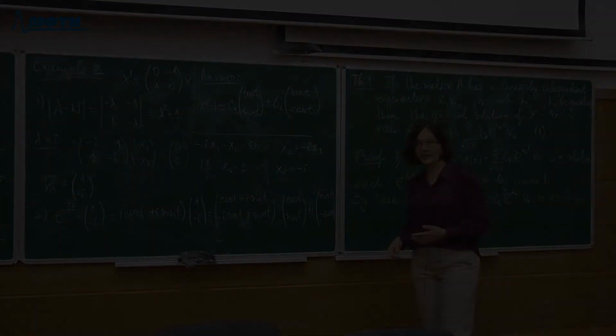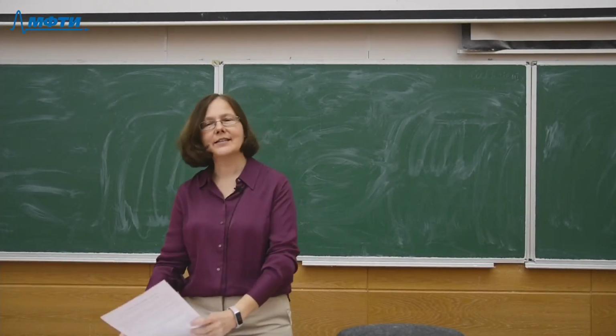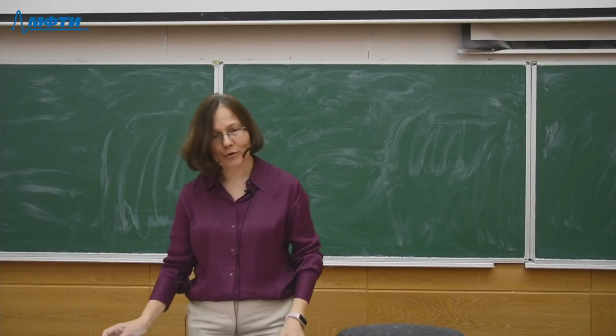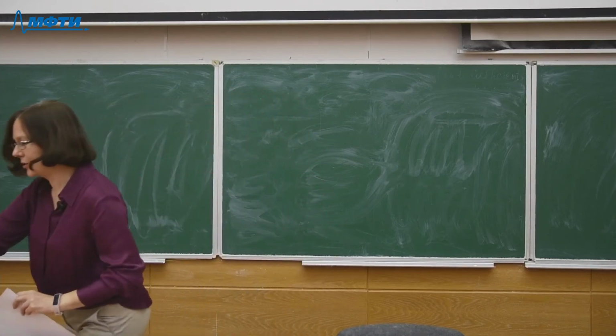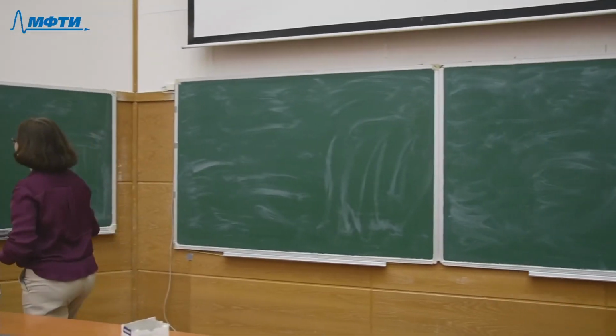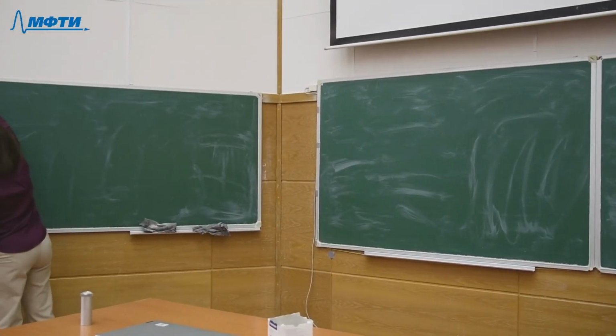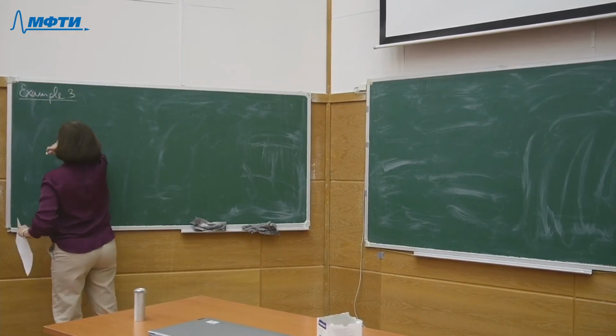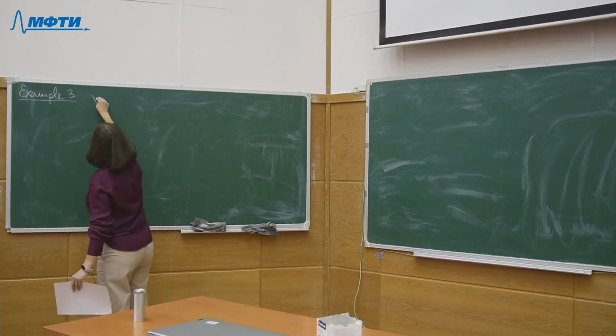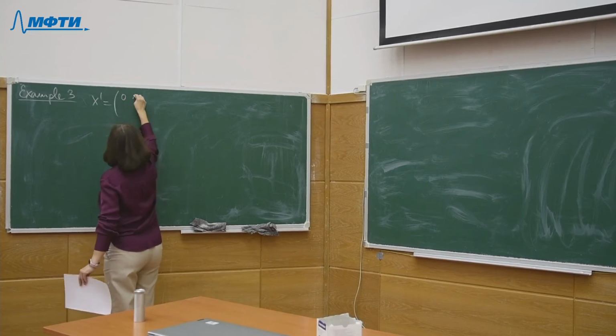So we're done. Now we will discuss exponential of a matrix, because sometimes, first of all, I will show you an example number 3. Okay, let's consider a differential equation of the form x prime equals the matrix (0, 1, 0, 0) times x.